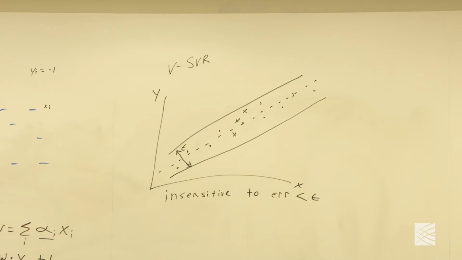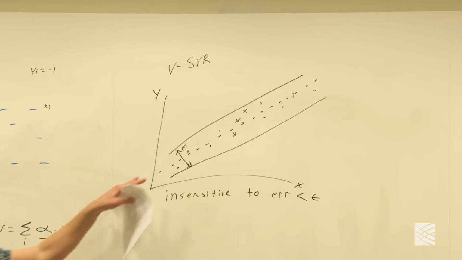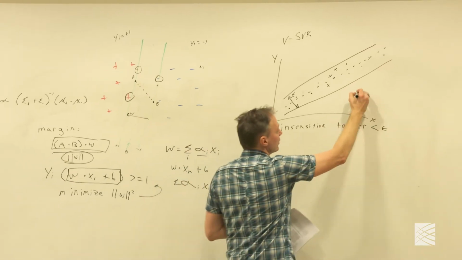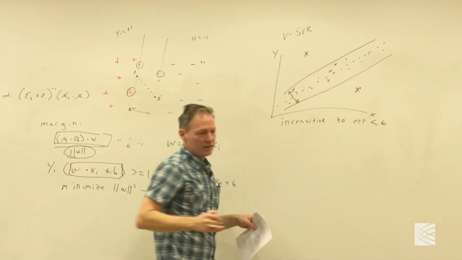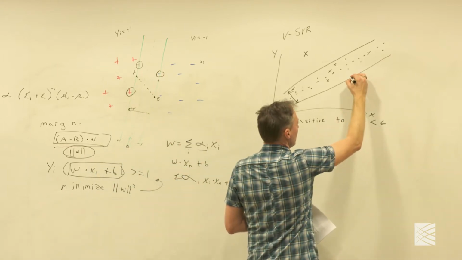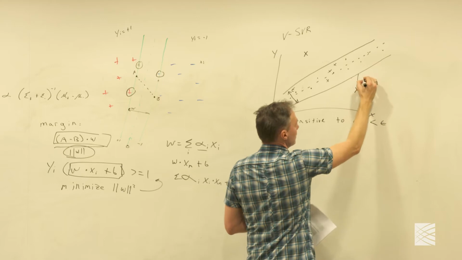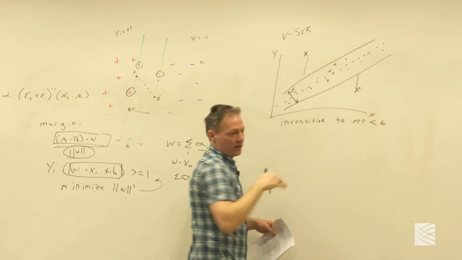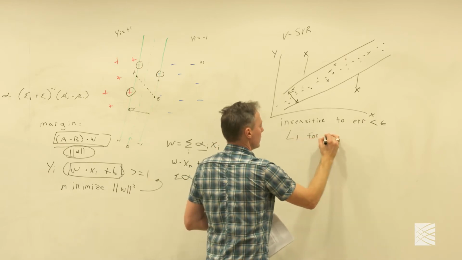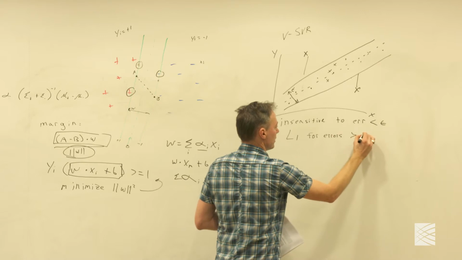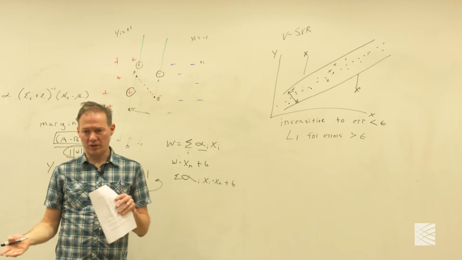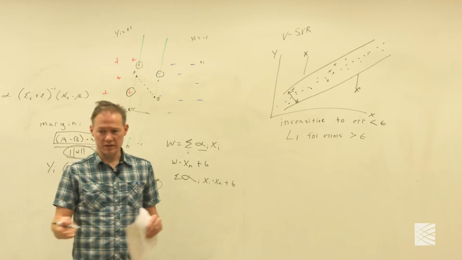We're going to extend it. So here we assume linear separability, and here we're not going to assume that everything is clean. We're going to assume there are some outliers. We're going to handle those with an L1 error. So the distance here and the distance here, we're going to penalize with L1, for errors greater than epsilon. And so that we have some way to control how much we care about inliers and outliers.